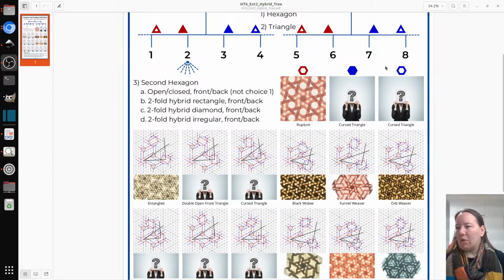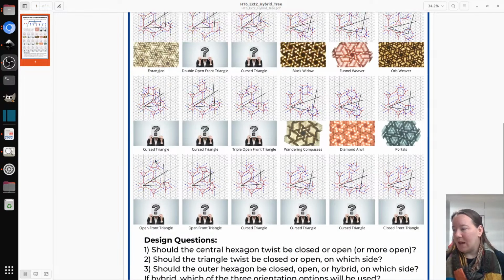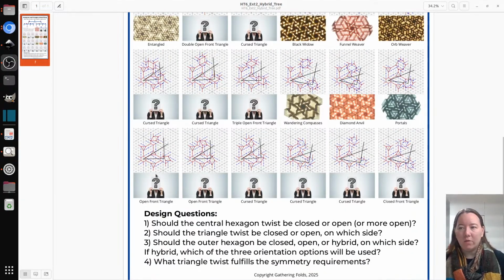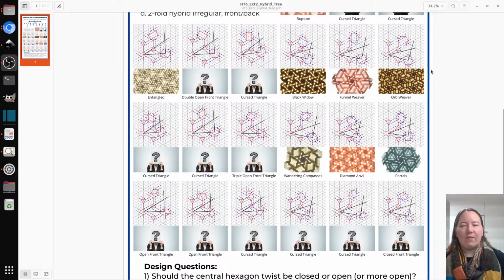Could be closed or open front or back, or it could be a hybrid hexagon twist. Could be a rectangle hybrid, it could be a diamond hybrid, it could be this irregular 2-fold hybrid hexagon. And there are then 6 different options for each of those hybrid hexagons, because it's not just front or back, it's 3 different orientations because those orientations are distinct.